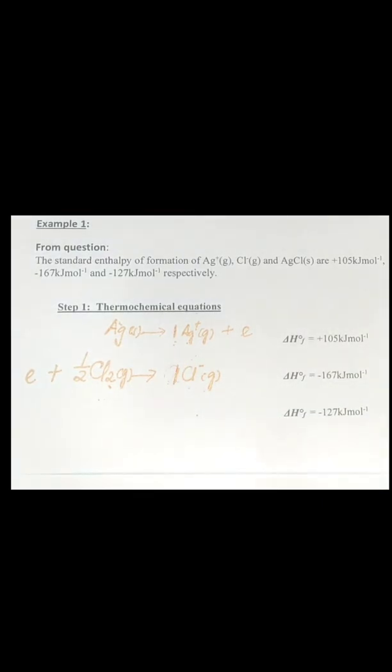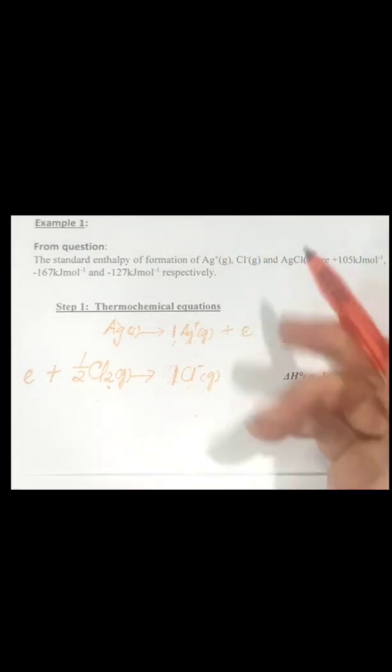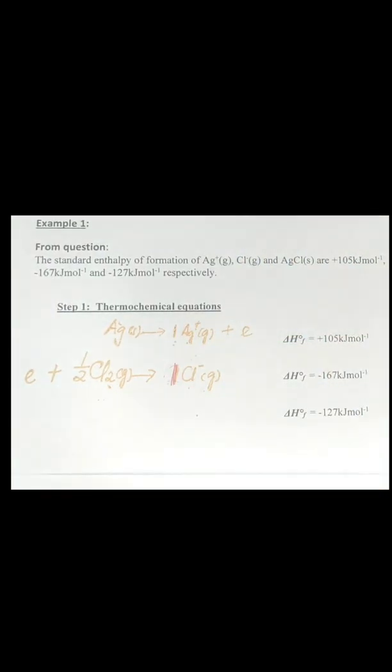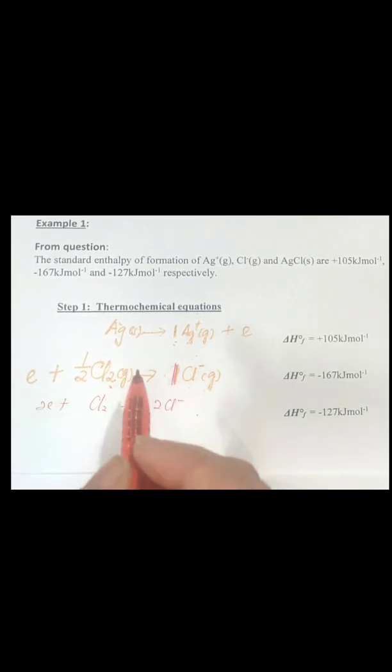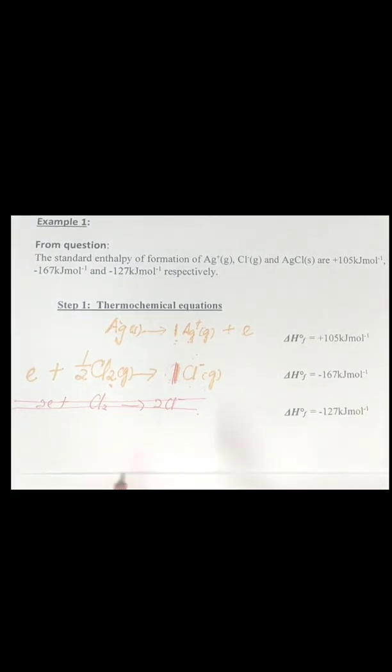This is because according to the definitions, 1 mole of product is formed. That's why we can't write like this. No, we can't balance up the equation like this.